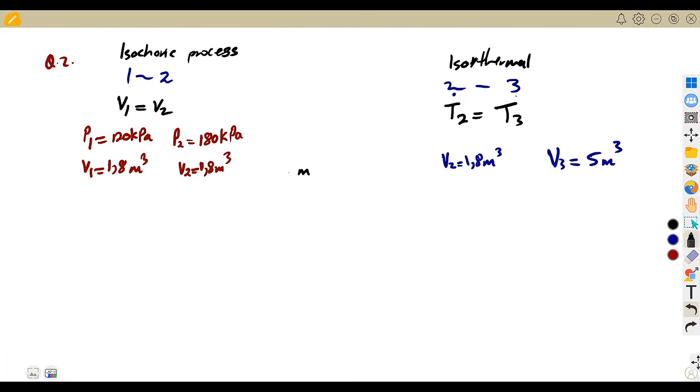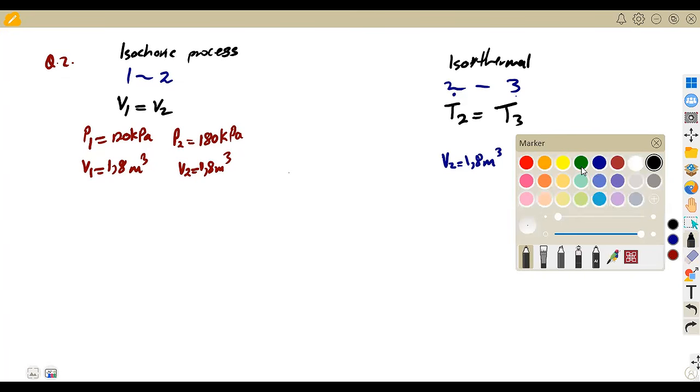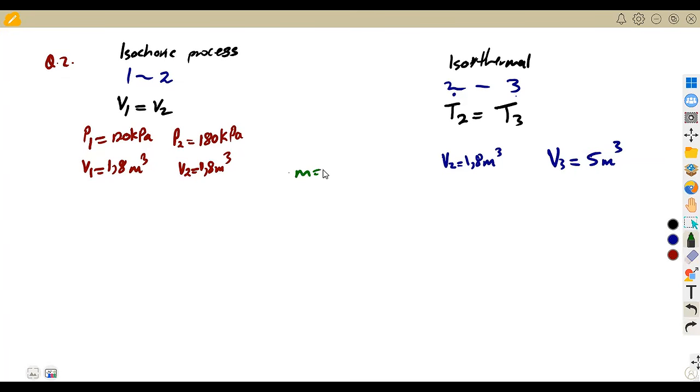Remember, we had the mass there of 0.8. From those values, the first one was Cp, at constant pressure, which was 1.008 kilojoule per kg per kelvin.